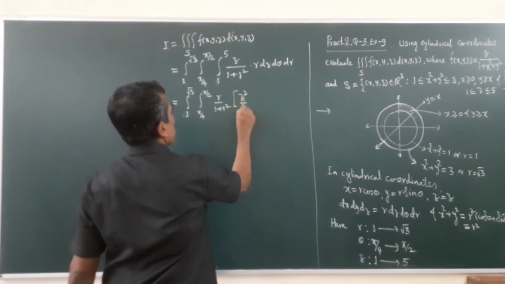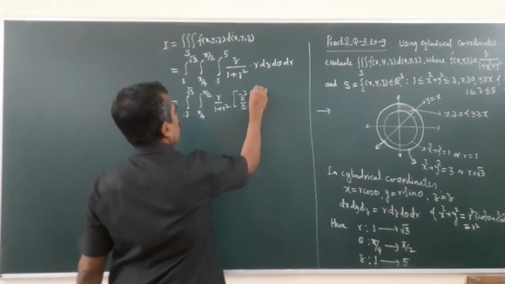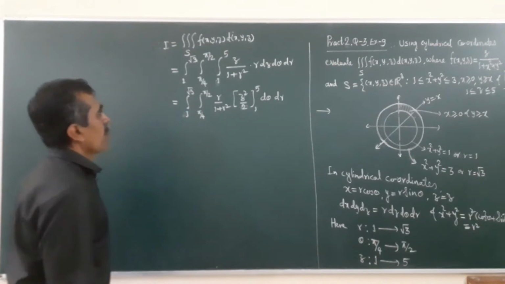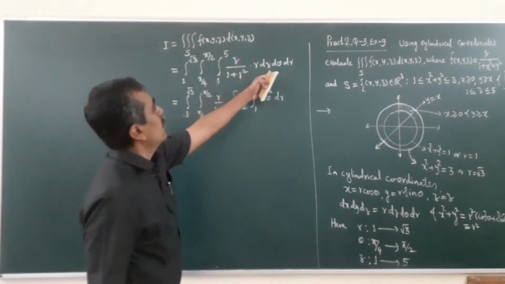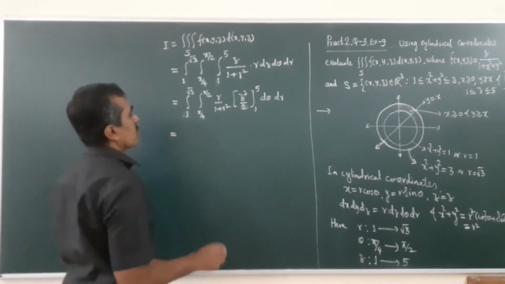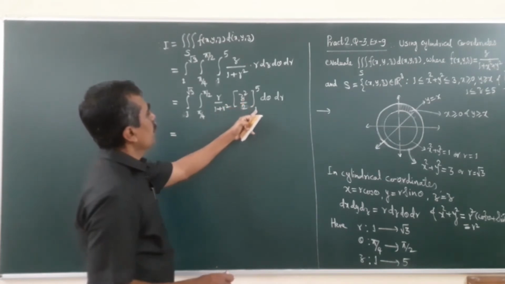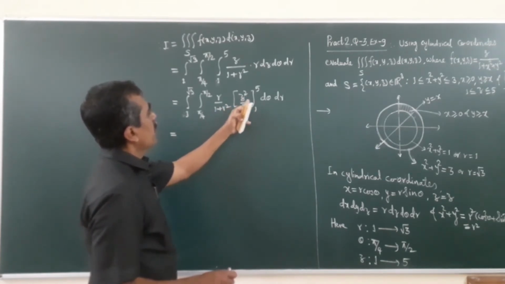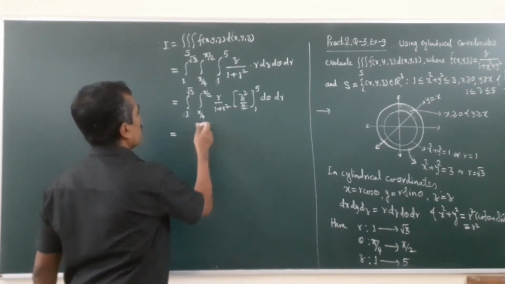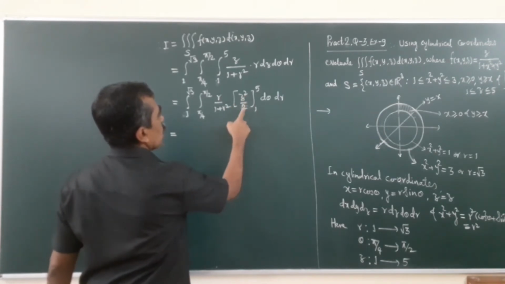That is z square by 2, over 1 to 5, d theta dr. So the integral of z with respect to dz is z square by 2. So this equals, now just take this half outside and see what happens. 5 square, that is 25. Okay, 25 minus 1 will be 24, and 24 by 2.